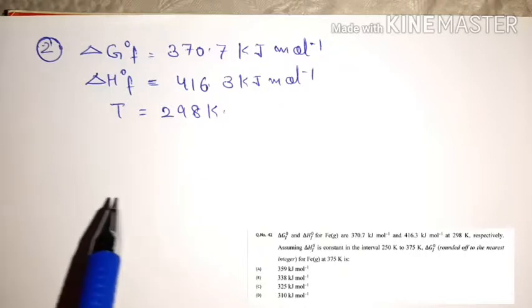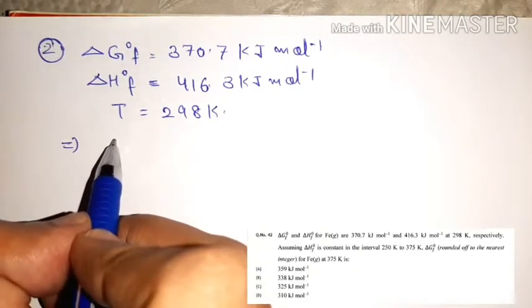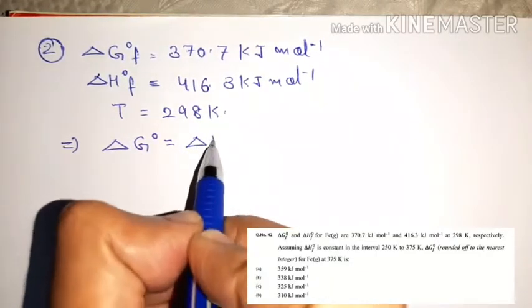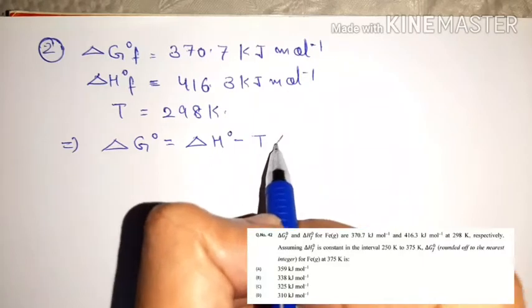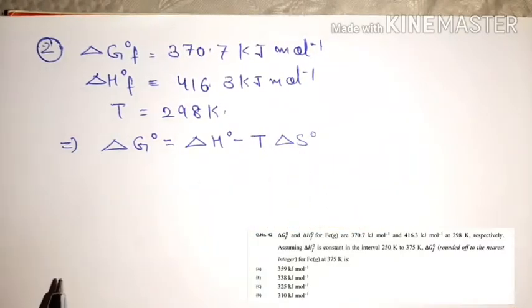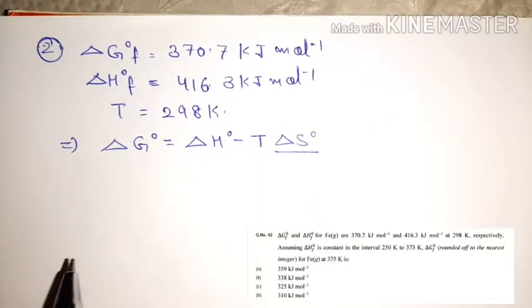So by these values, first of all, we must find the value of delta S naught, that is change in entropy. And you know the relation between delta G, delta H and delta S is delta G naught is equal to delta H naught minus T delta S naught. This is a very well known relation in our thermodynamics. So put all the values in the equation and we will get the value of delta S naught.